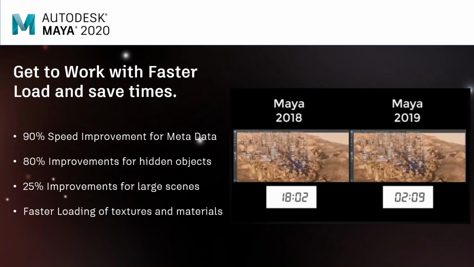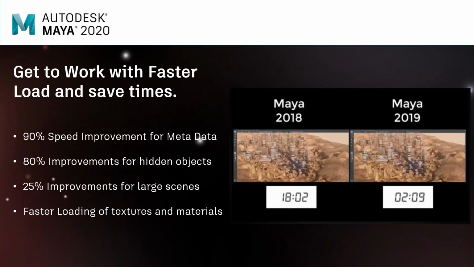So that's a massive bump in terms of time, especially having the ability to load large scenes and large environments quickly inside of Maya is imperative to keep the artist productive. Now, we've done this in a variety of different ways, from being able to offload Alembic caches on the GPU to enable background loading of textures and materials.